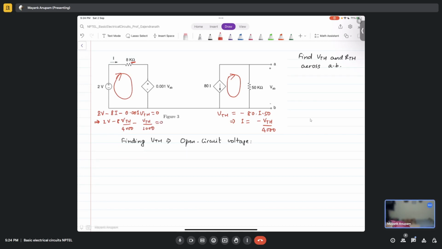So how much will this give? VTH is equal to 8 plus 4, 12 by 4000, so 2 into 4000 by 12 volts. Is it?